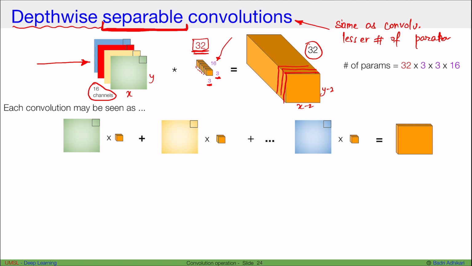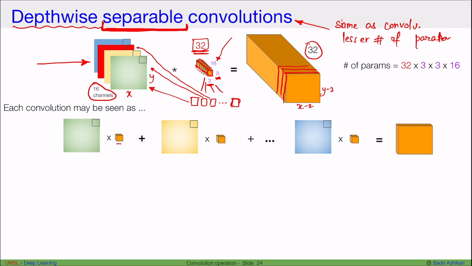Now we may see this as something that looks like this. We have these 3x3 matrices, 16 of them in one single filter. So let's break it down so that we have 3x3 matrices, 16 of them sitting side by side. This operation can be viewed as my first filter multiplies my first channel, second filter multiplies my second channel, third filter multiplies my third channel, and so on.